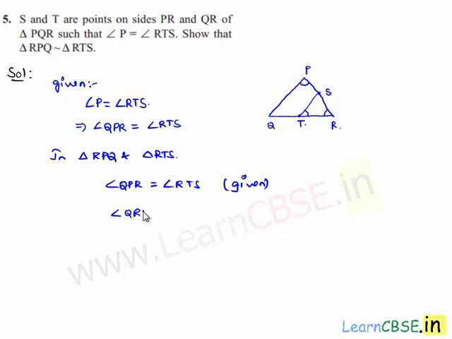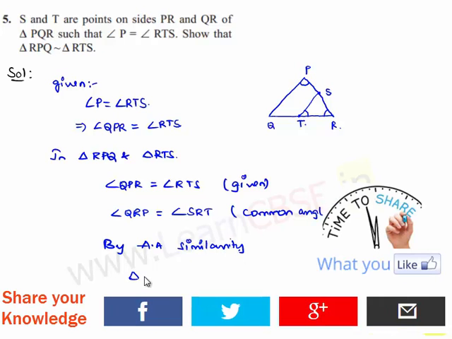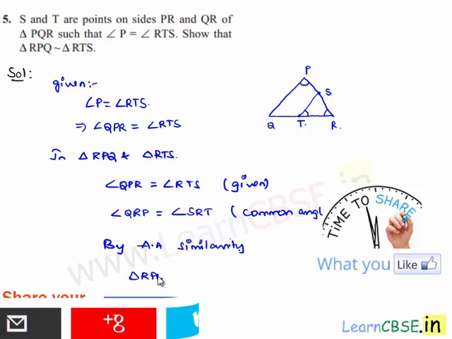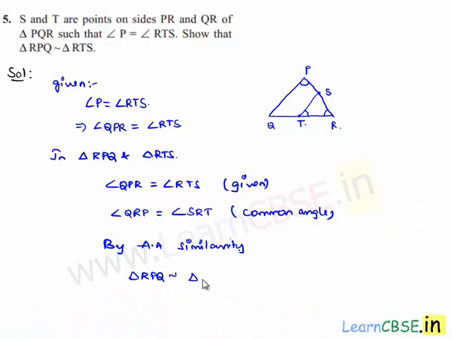Angle QRP is equal to angle SRT, since it is a common angle. So now by angle similarity, we can say triangle RPQ is similar to triangle RTS. This is what the required proof for us.